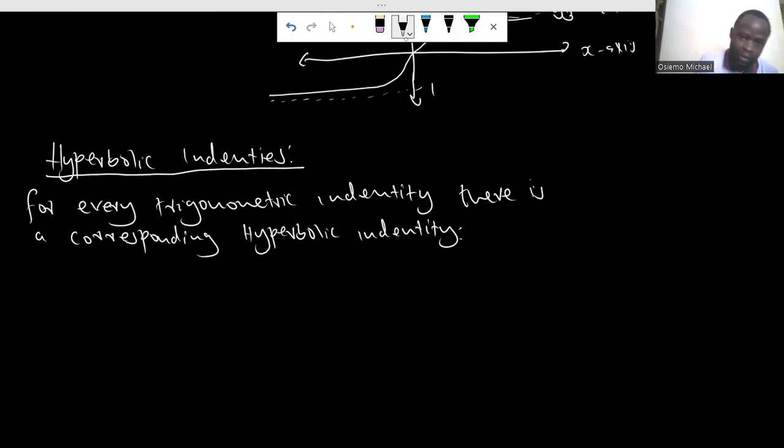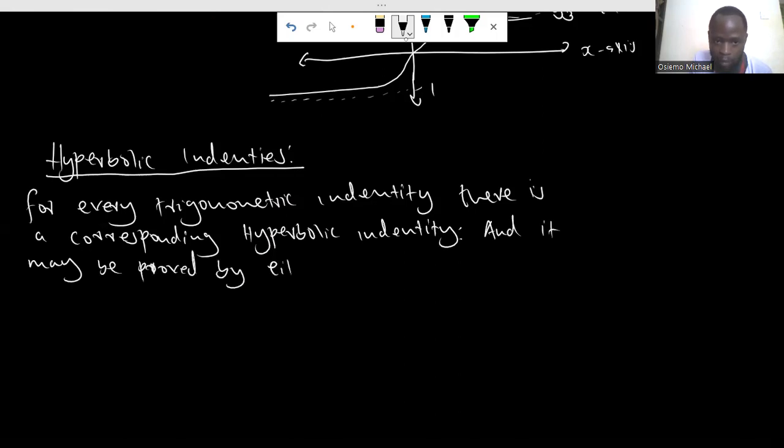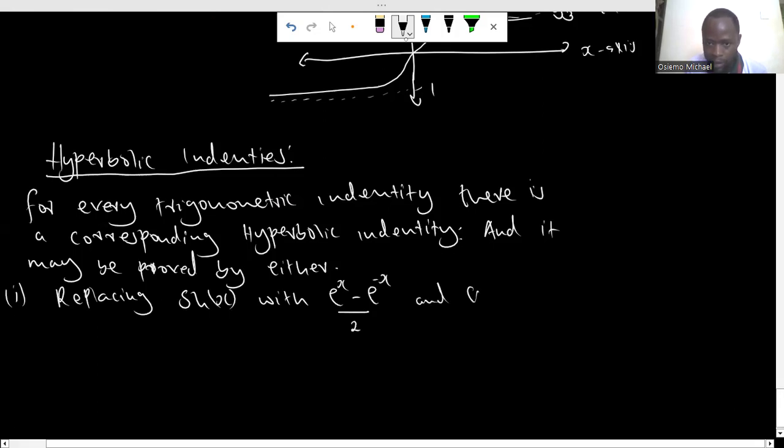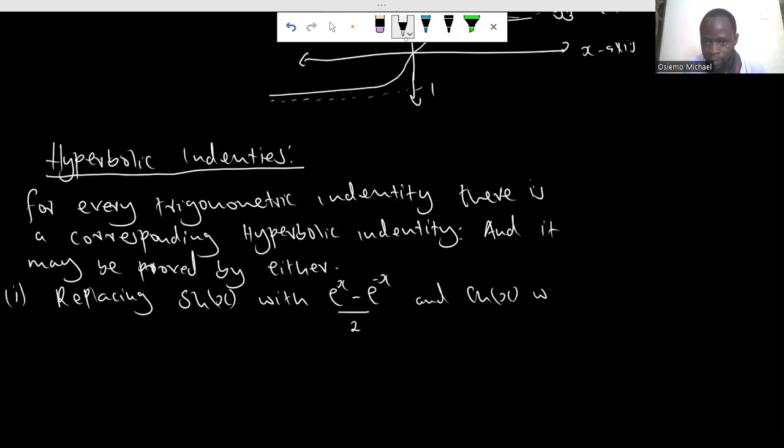And it may be proved by either, number 1, replacing the sh of x with its definition, exponential x minus exponential negative x over 2, and ch of x with exponential x plus exponential negative x over 2.